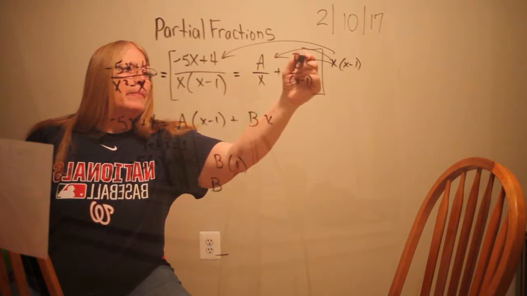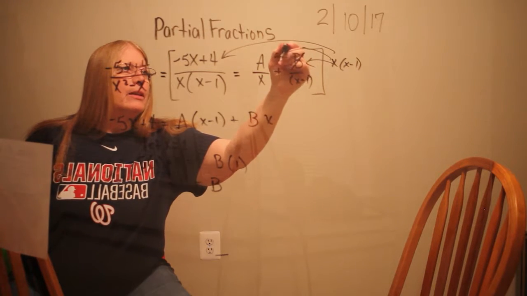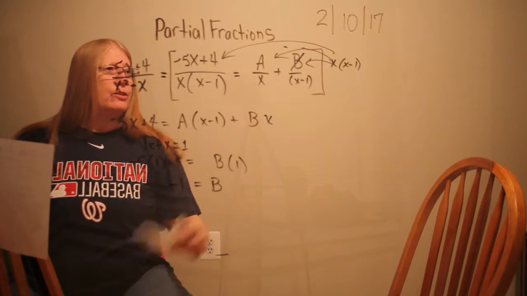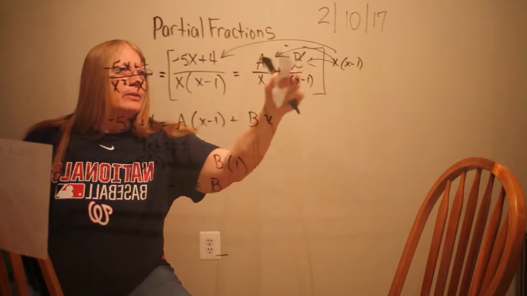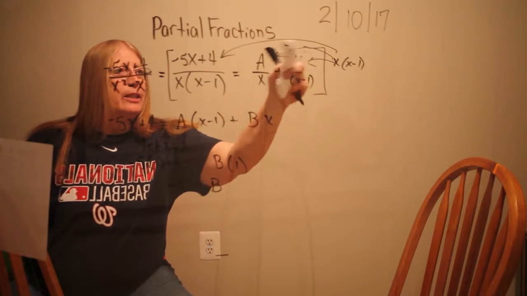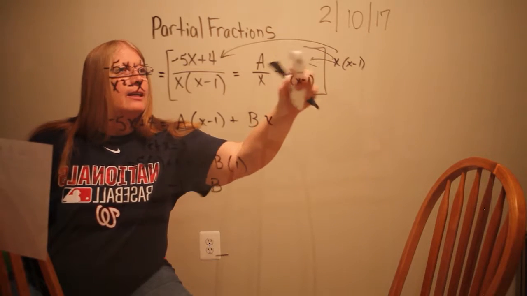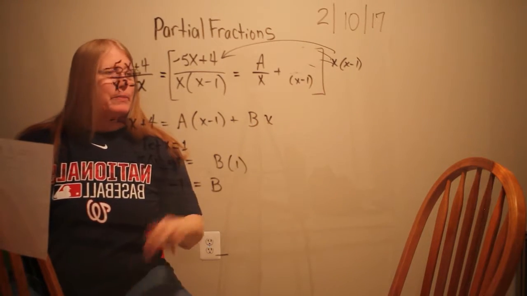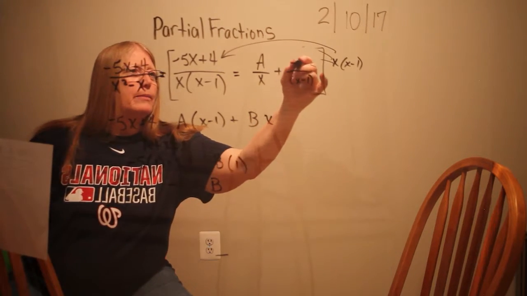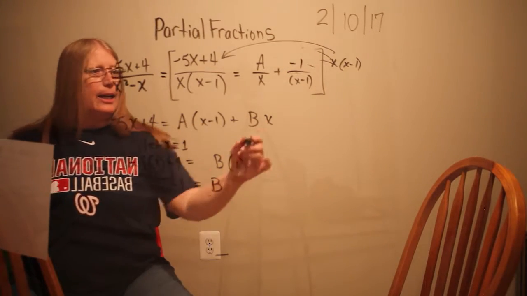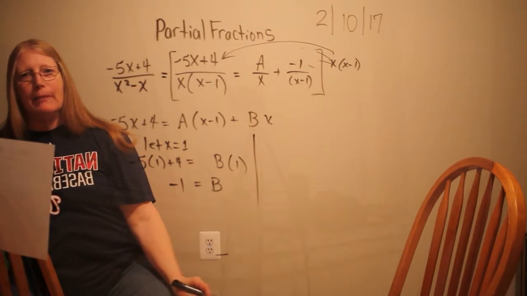So I go up here and I replace B with a minus 1. I'll go ahead and just do that with my magic eraser here. The old paper towel works every time. All right, so the B becomes minus 1. Now I got to find A, so I'll play the let x game again.